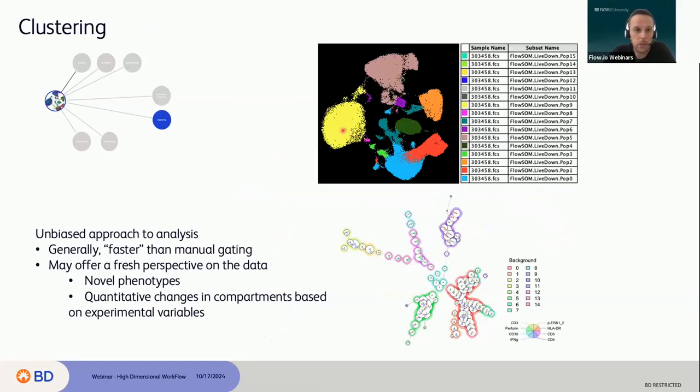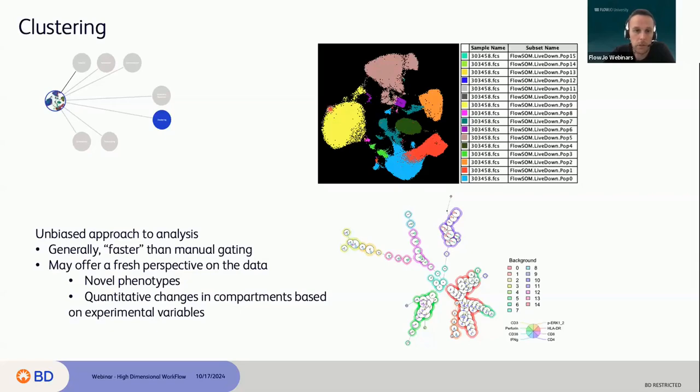So now that we've done the dimensional reduction, let's do the clustering. Really, dimensional reduction and clustering go hand in hand. So one is not really useful without the other one. So here I've overlaid the output of a FlowSOM onto a UMAP to help identify the different subsets.